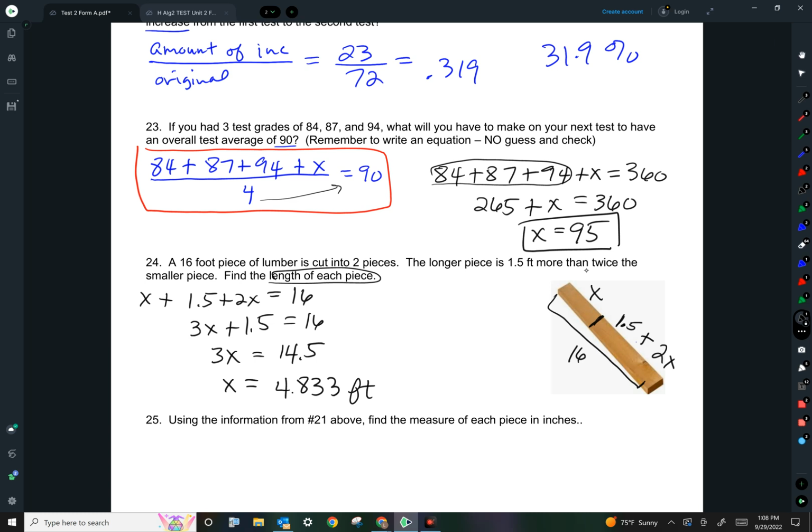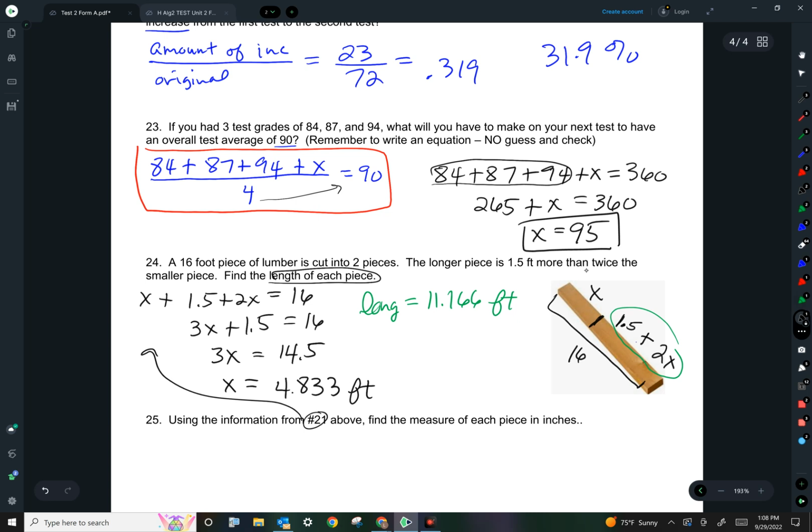So the longer piece is going to be, remember the longer piece right here, look over at my picture, is 1.5 plus 2 times that. So if I take that 4.833 number and multiply by 2 and then add the 1.5, the longer piece is 11.166. So I'll say here long piece is 11.166 feet.